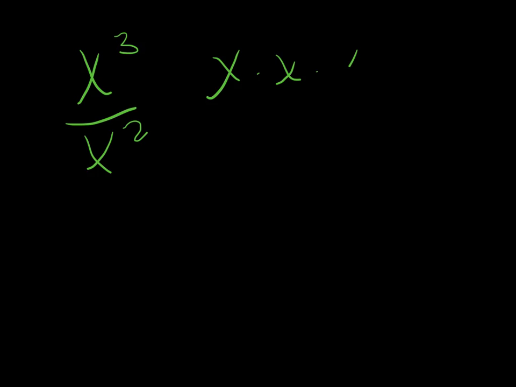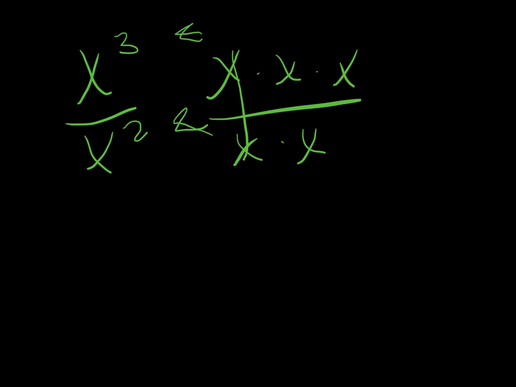Okay, using those same examples, let's look at another way of doing this. We have x to the 3rd power over x to the 2nd. We already know that x times x times x is the same as x to the 3rd power, and that x times x is the same as x to the 2nd power. We can simplify this by making pairs, and we're left with x. Now, here's the other way of doing it.